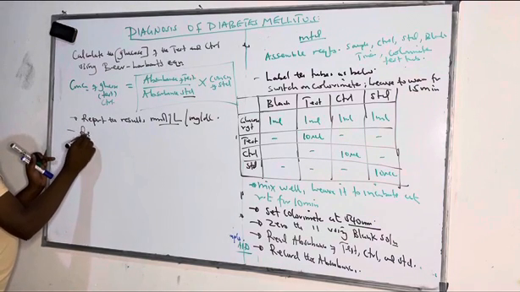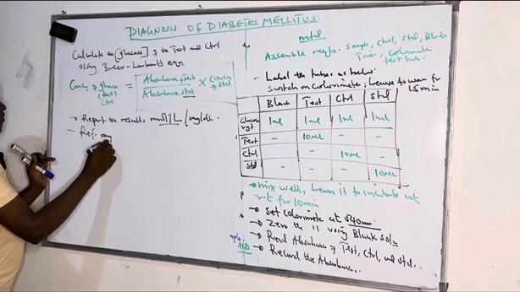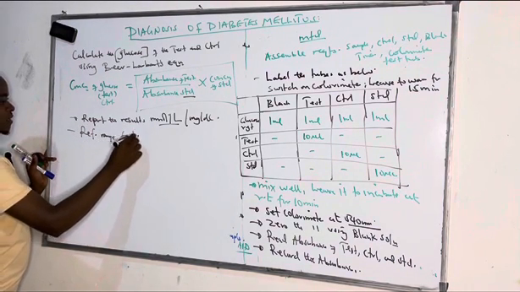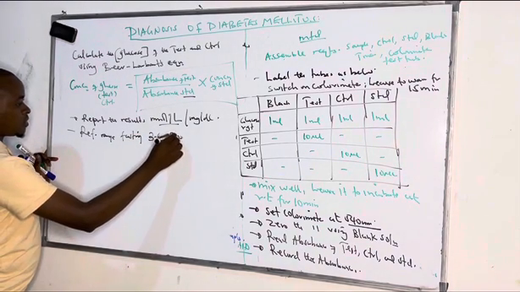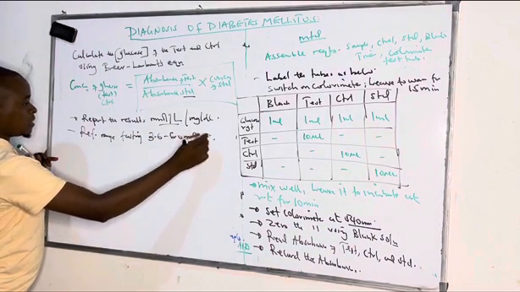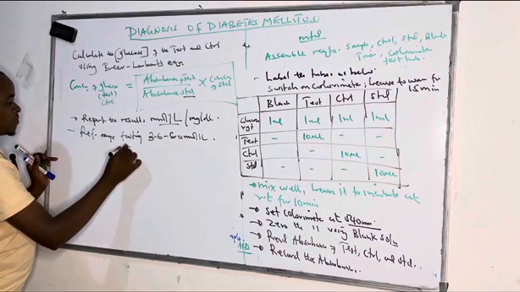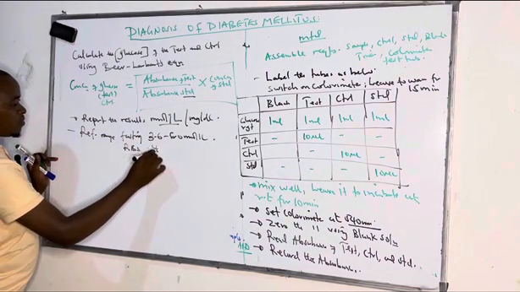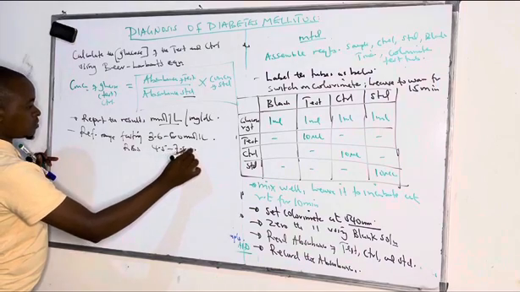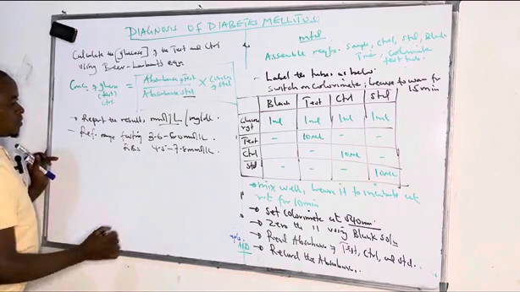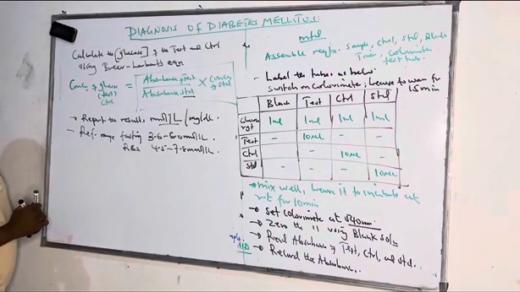The reference range, I told you the fasting is 3.6 to 6.0 millimole per liter. Then for random, it is 4.5 to 7.8 millimole per liter. That is for random.